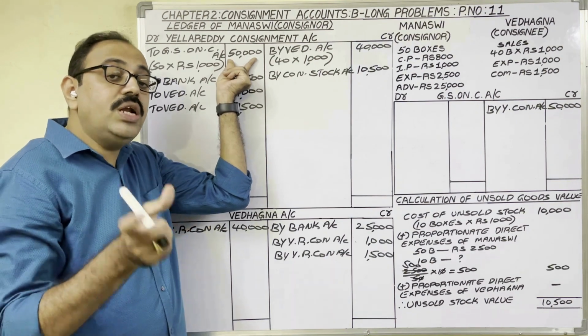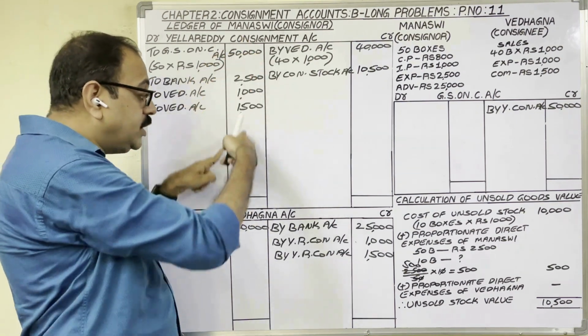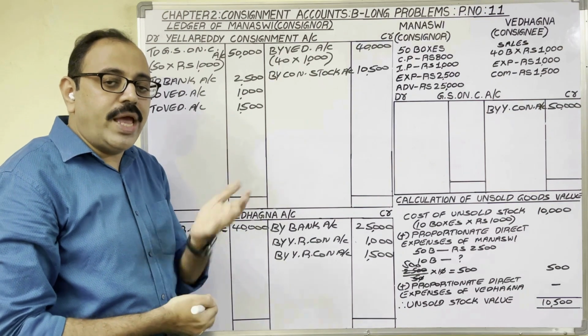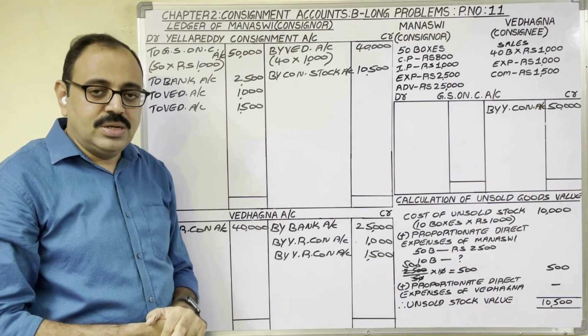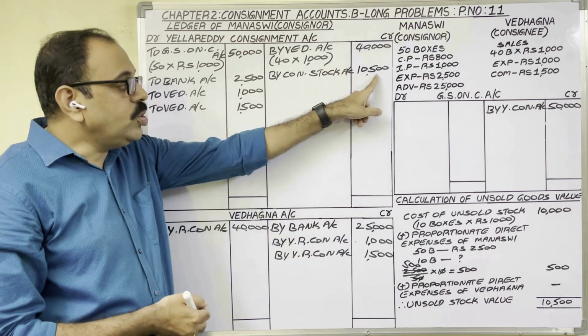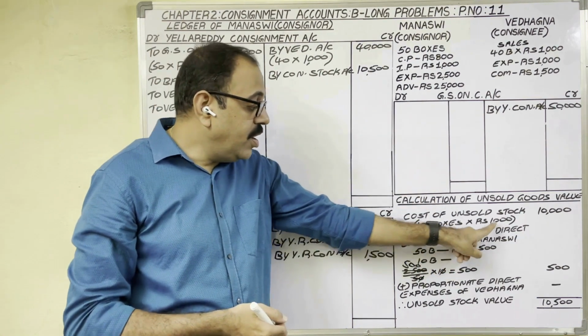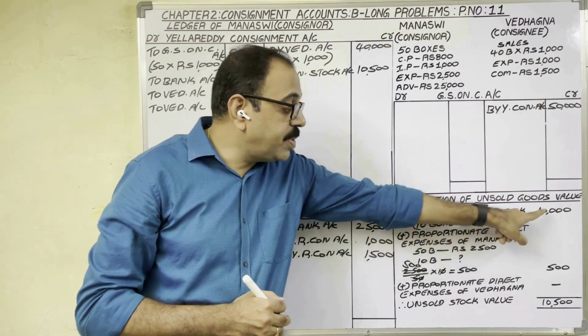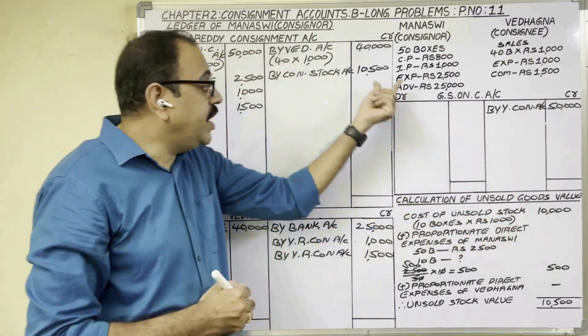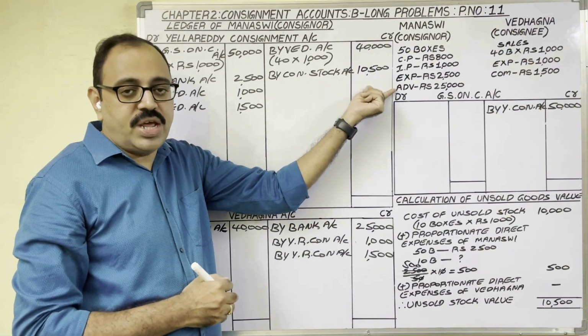Means 10,000 extra we are showing on the expenditure side. So expenses we are increasing by 10,000 rupees. Similarly, unsold stock is to be calculated at cost price, but we have calculated it at invoice price, and on the credit side, the income side, we are writing it.